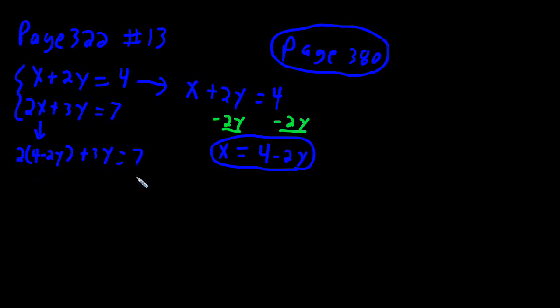Step 3 says to go ahead and finish solving this equation. So I need to distribute the 2: 2 times 4 is 8, 2 times 2 is 4.